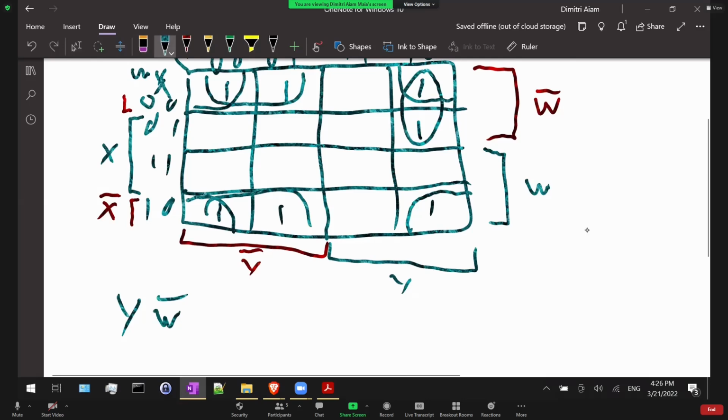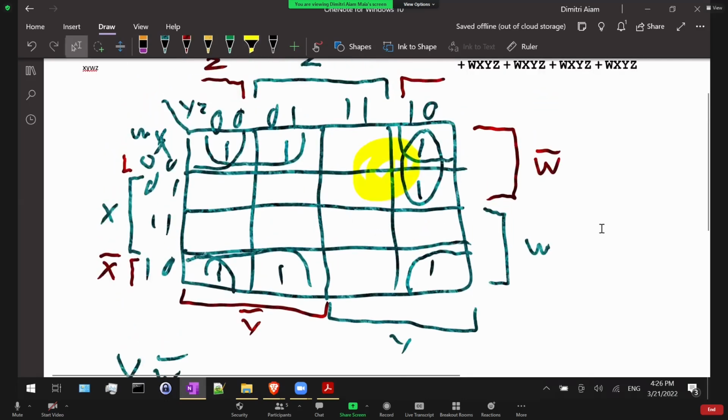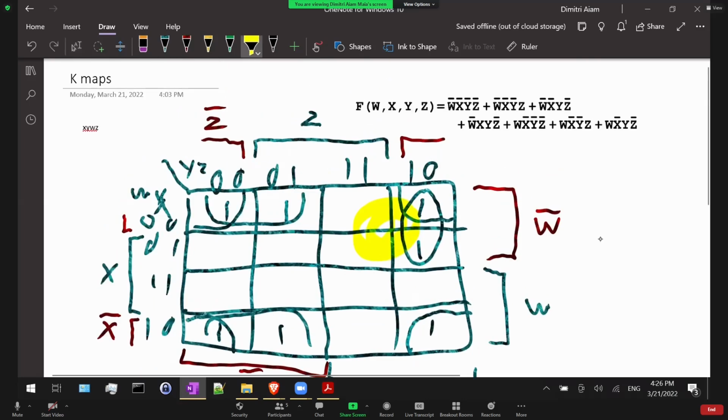Not W. Okay. Because it's in W over here. But the problem is that this over here is Y and not W, so we need to be more specific. This group is also in not Z. Do you see not Z here? Yes, I see that.